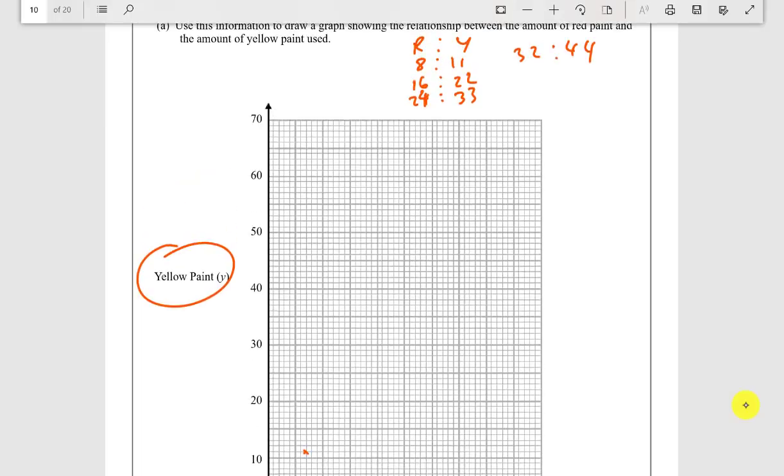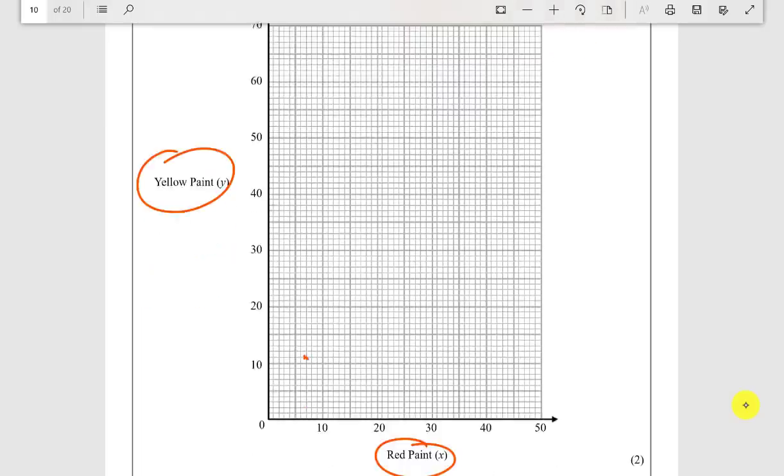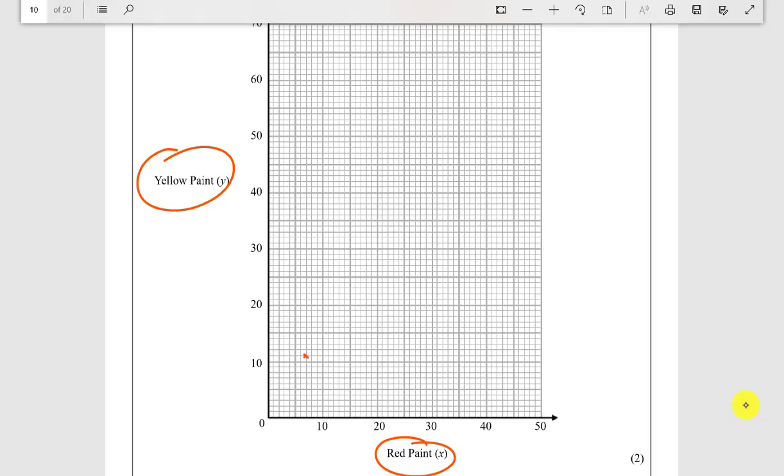And then we have 16 and 22, so 16 across on red paint. So 15, 16 across, and 22 up. 1, 2. Sorry, that's 20. 1, 2.